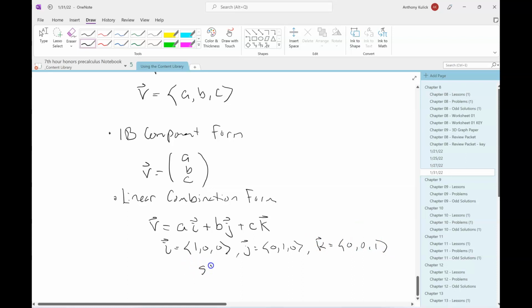They're still called the standard unit vectors here in 3 dimensions. But i, instead of being ⟨1, 0⟩, is ⟨1, 0, 0⟩. j, instead of being ⟨0, 1⟩, is ⟨0, 1, 0⟩. And the new vector k is just ⟨0, 0, 1⟩.